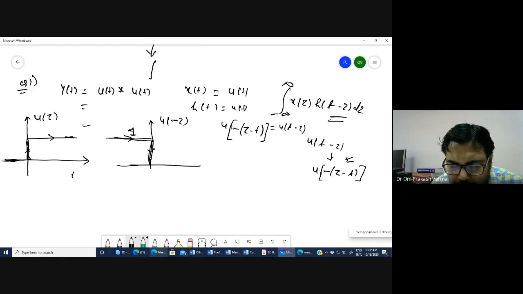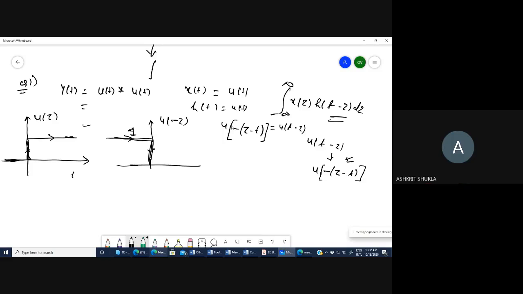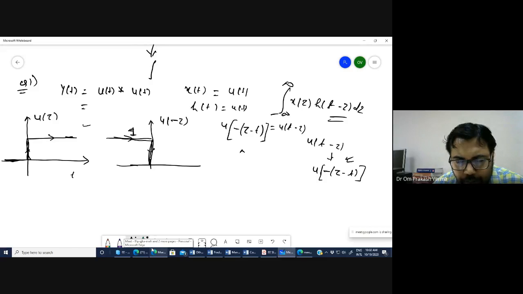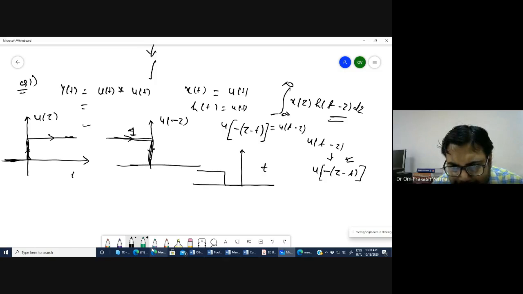How can it be represented? So first of all, u(minus tau), what will you have to do? Will someone tell me? How can it be shifted? It will be shifted by t units. Very good. So this tau is shifted like this if t is less than 0, and shifted like this if t is greater than 0.